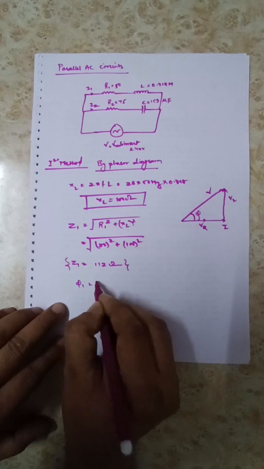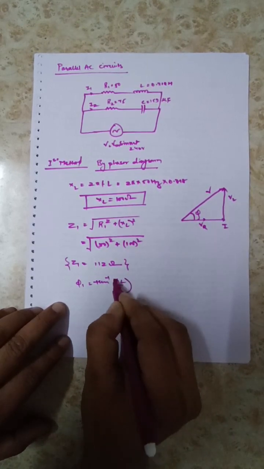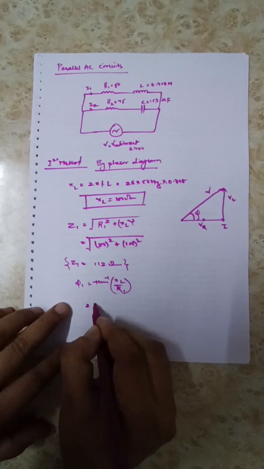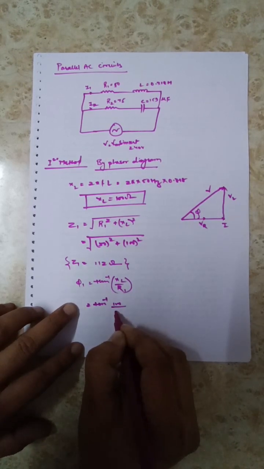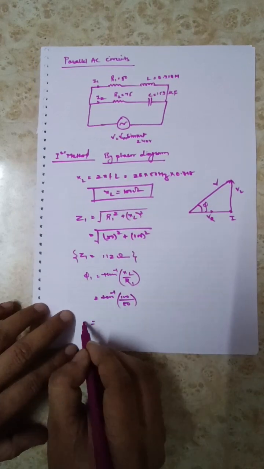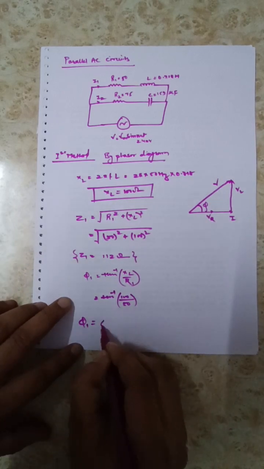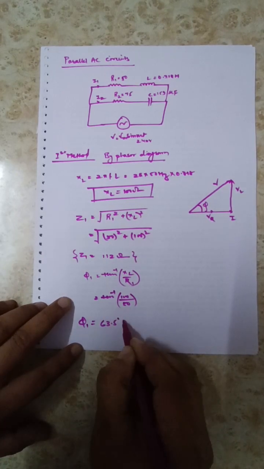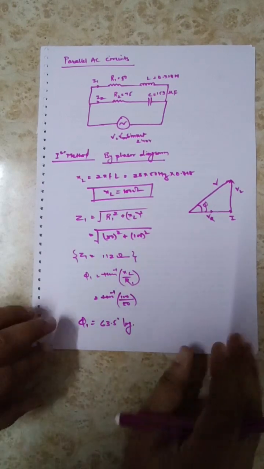Phi 1 will be equal to tan inverse of XL upon R1. XL is 100 and R1 is 50. So the value of phi 1 will be 63.5 degrees lagging. Clear?